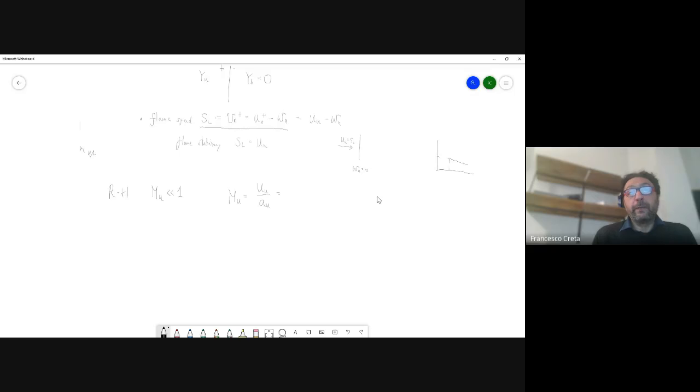In a wave-stationary frame, we saw that Uu is just SL, the flame speed. So in general, for deflagrations, this is a fact: the flame speed is extremely smaller than the local speed of sound.